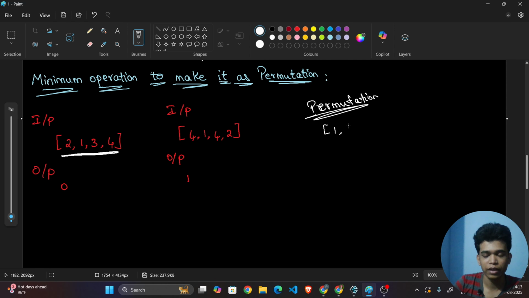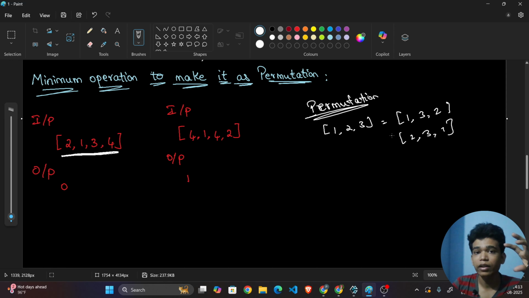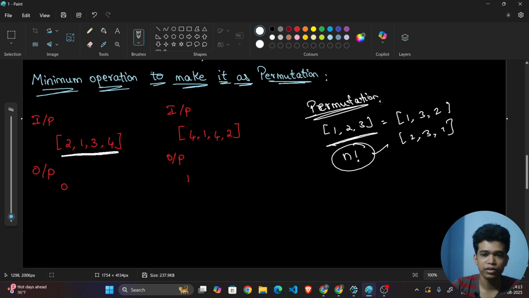Permutation of, say for example, 1 2 3 can be 1 3 2 or 2 3 1, which means the different possible arrangements of these integers in that array are called permutations. Totally, for this there are 6 permutations. For any n value we have n factorial permutations. Hope you understand this. So this is the whole definition of permutation.